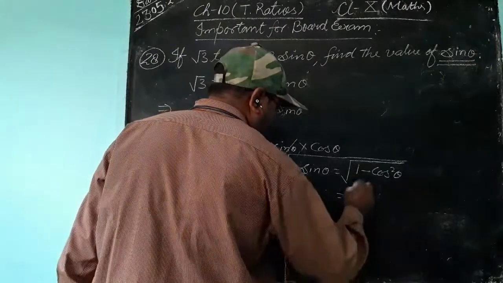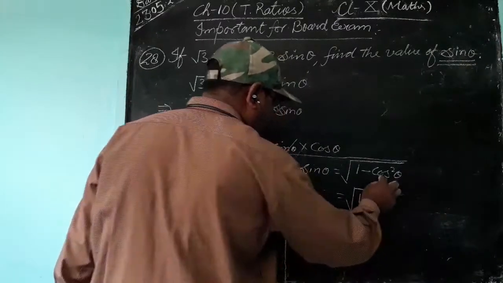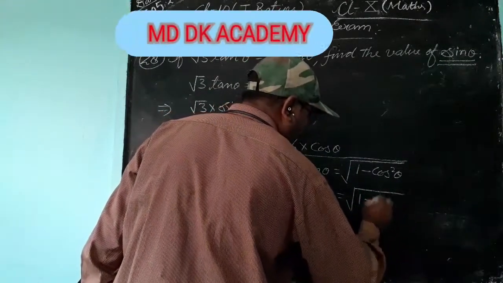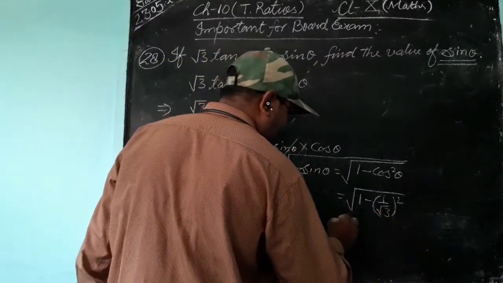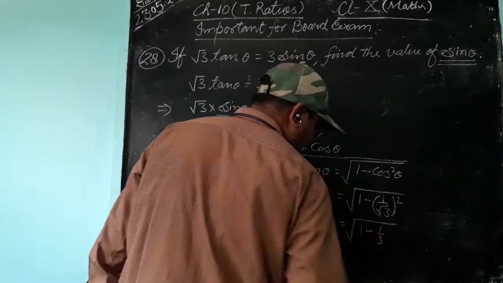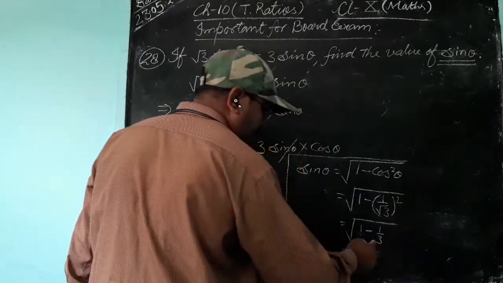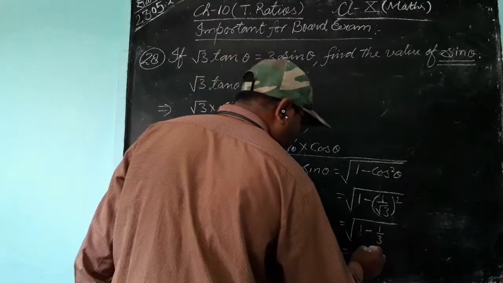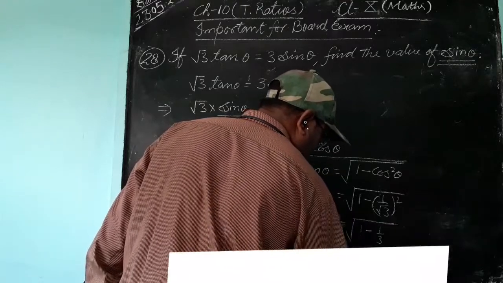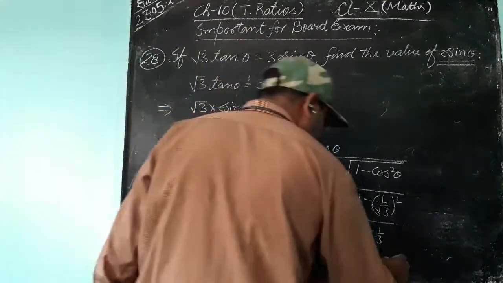So it is root of 1 minus (1 upon root 3) the whole square, that is root of 1 minus 1 upon 3. When you solve, you get 3 minus 1 upon 3, that is 2 upon 3. Yes students, any doubt? That will be the answer.